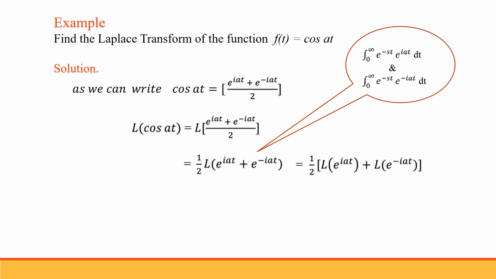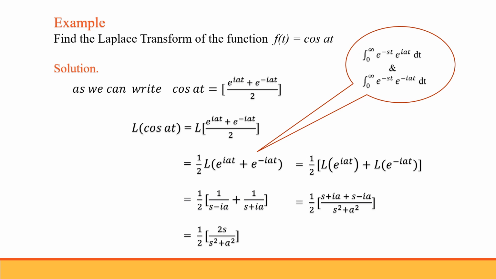On solving, we get 1 upon 2 in brackets (1 upon s minus ia plus 1 upon s plus ia). Simplify it as 1 upon 2 into ((s plus ia) plus (s minus ia)) by (s square plus a square).